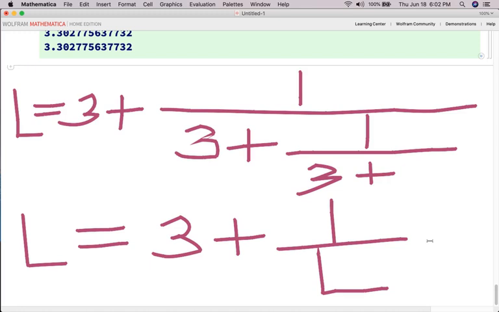So I have L is equal to 3 plus 1 over L.